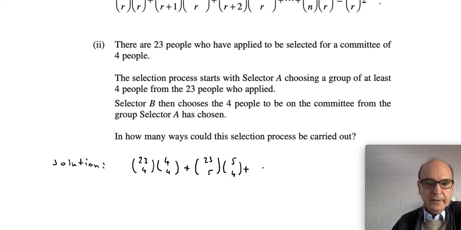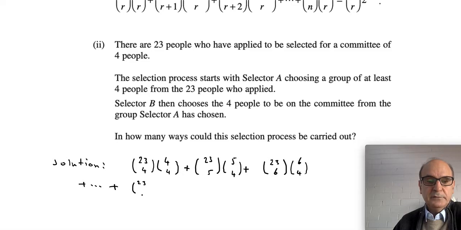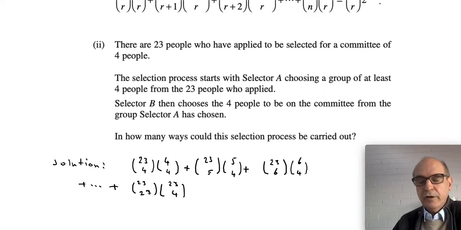Next, out of 23 people selector A chooses 6, and out of 6 selector B chooses 4, and this process continues until out of 23 people, selector A chooses all of them, and out of these selector B chooses 4. So that's what we are trying to find.